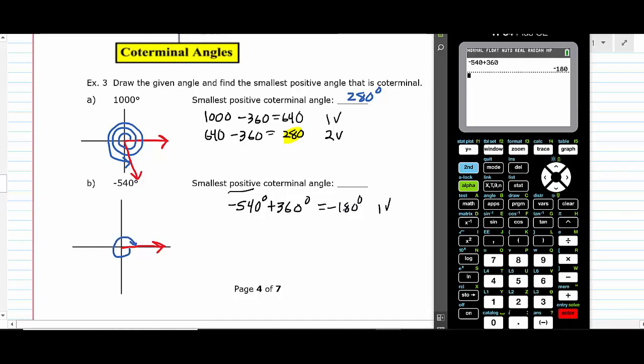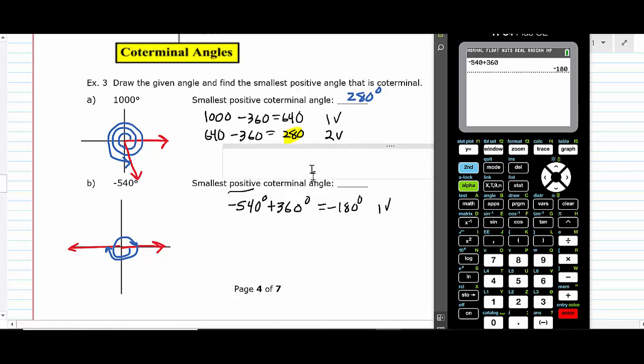Now you can just go negative 180 more, halfway around the circle like that. So that's where you end up. So a negative 540 degree angle is one lap clockwise and negative 180 more.